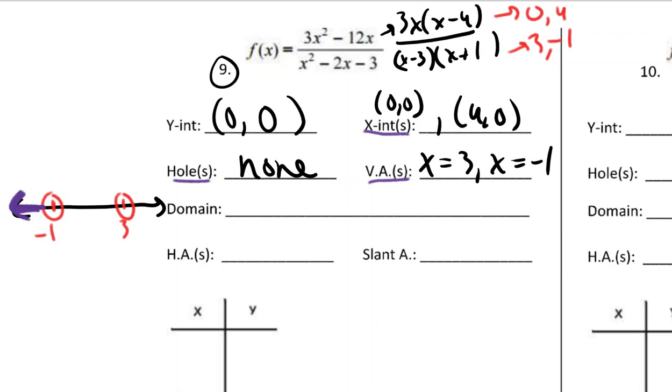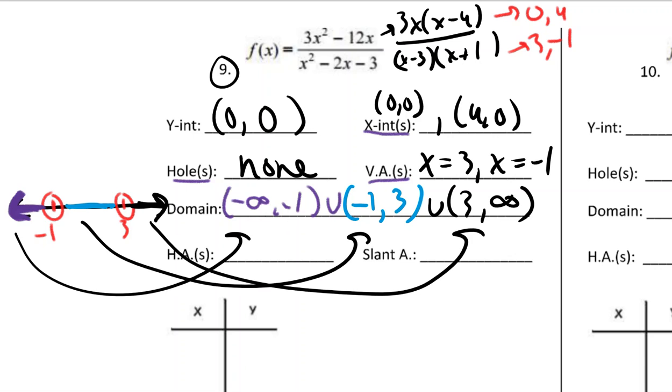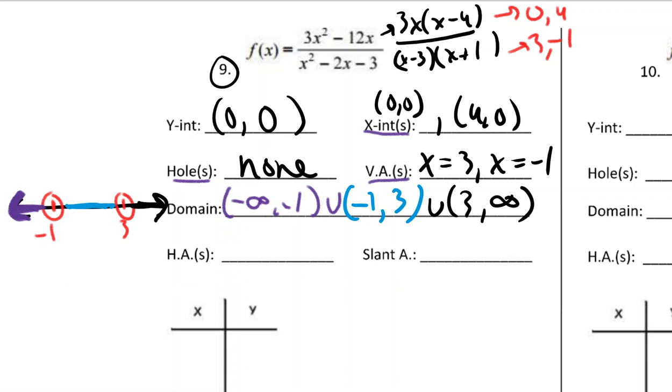So the numbers we can plug in would be everything to the left of -1, everything between -1 and 3, and everything bigger than 3. So again, I suggest that you make this little number line because it helps you visualize the parts of your domain. But after you do that for a while, you don't have to do the number line. For me, I just think it helps you.